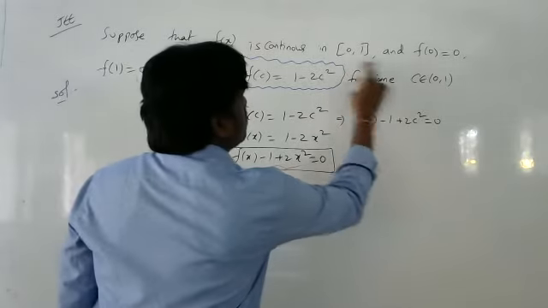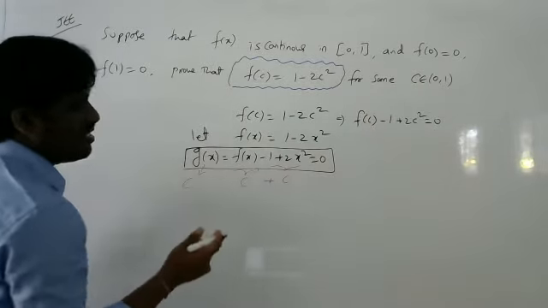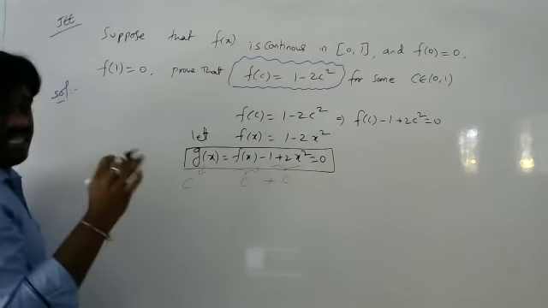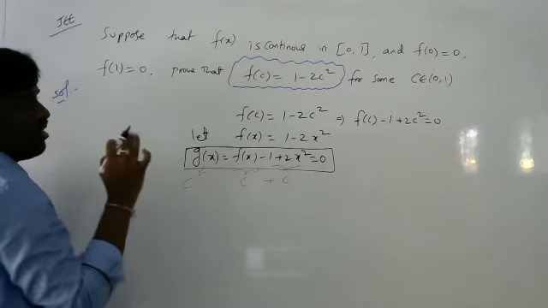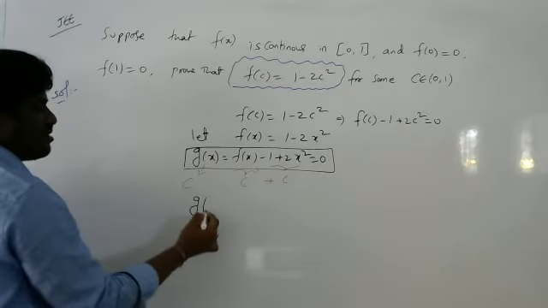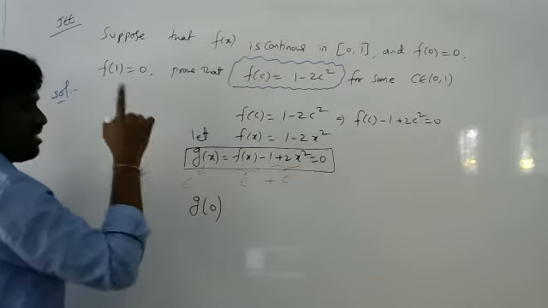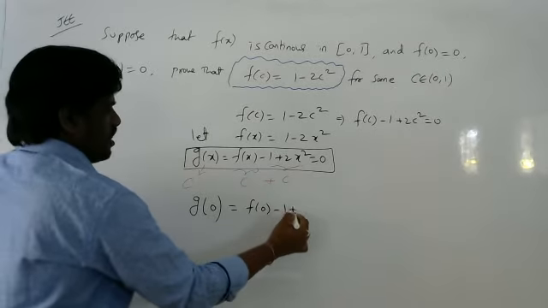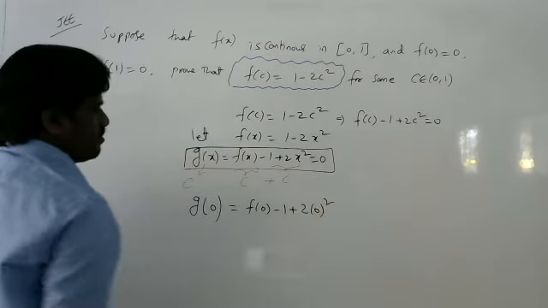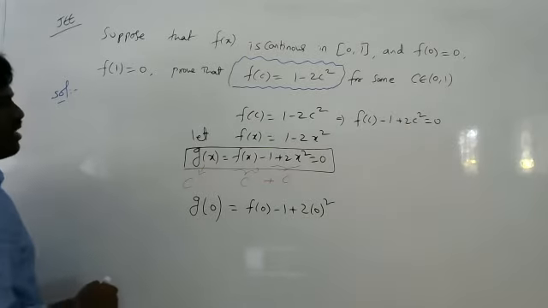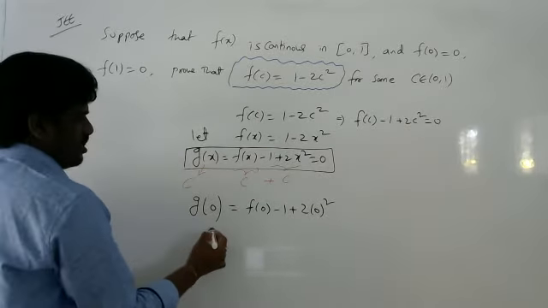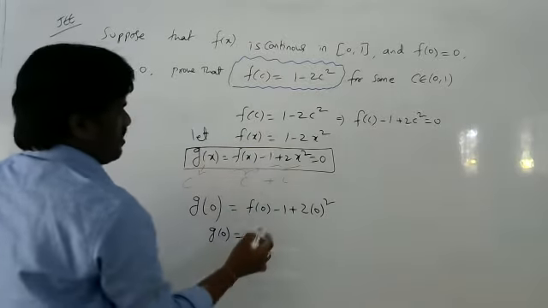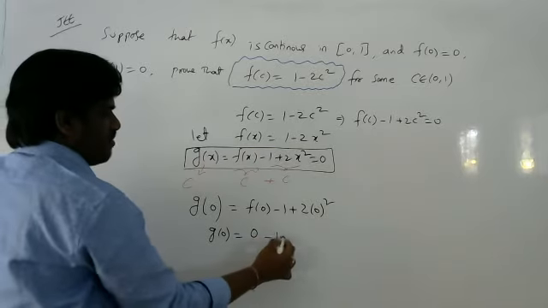Now I can substitute 0 and 1 in this. If it is continuous on a closed interval, I can substitute the end points, using the IVT theorem. g of 0, in the place of a you have 0. g of 0 is equal to f of 0 minus 1 plus 2 into 0 square. f of 0 they have given as 0. So 0 minus 1 plus 0.